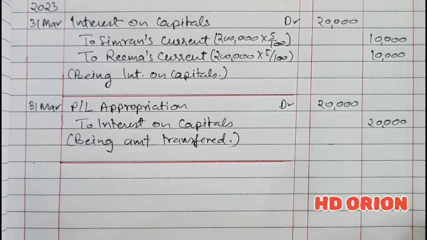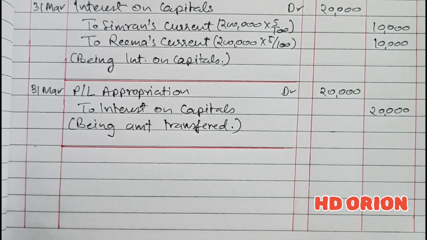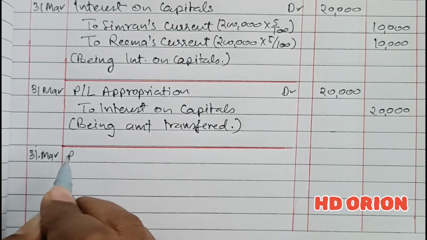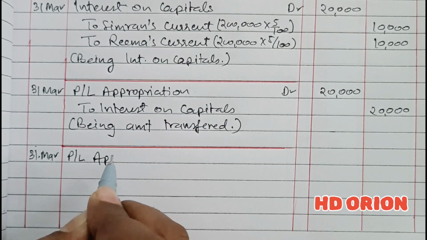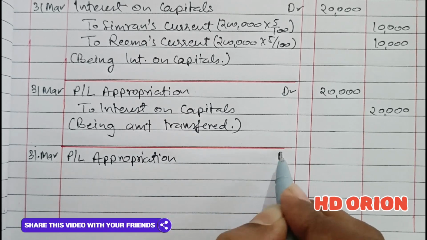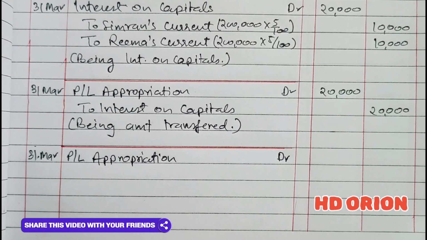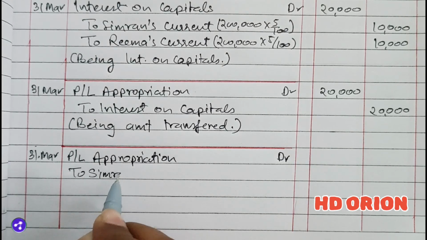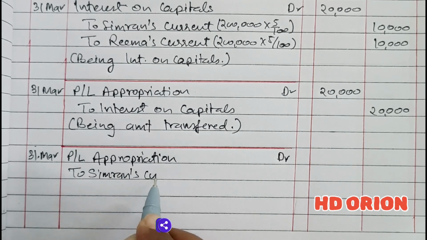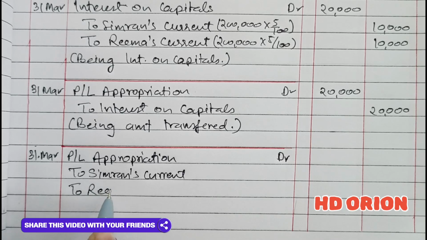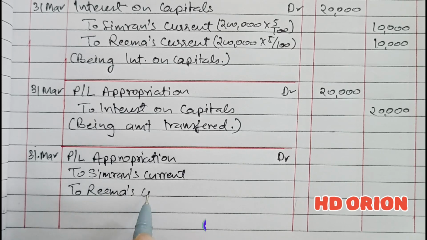Now the remaining profit will be paid to the partners in their profit sharing ratio. So on 31st March again, profit and loss appropriation account debited to Simran's current account and to Rima's current account.